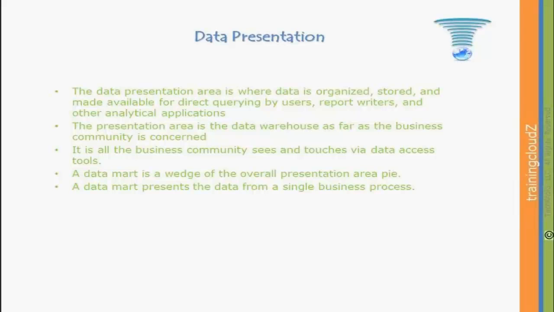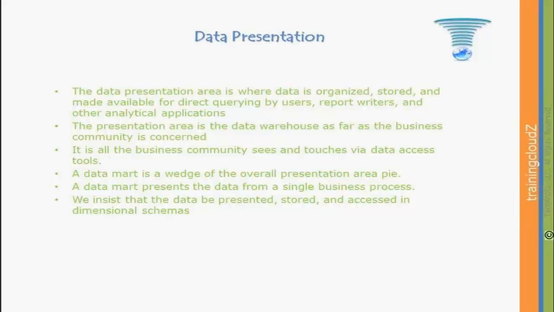So there are three different business processes. A data mart can answer only the HR question, or the sales and marketing question, or the plant-related question. There will be three different data marts for them, and they can be connected together with the organizational data, which we are going to see. So a data mart presents the data from a single business process, not for all the business processes. Whether it is production or marketing or support, it can only do one thing.